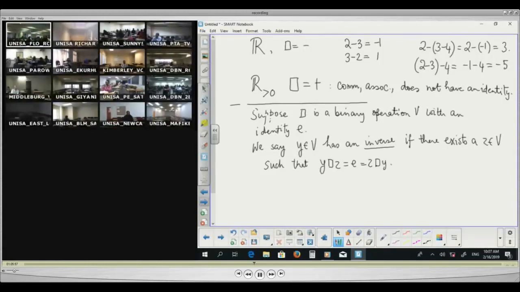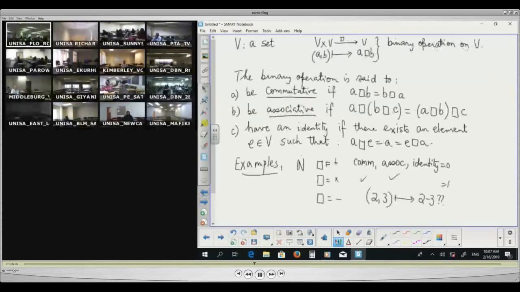When I take, in both these cases, right? It is commutative, associative, and it has an identity. But no natural number has an inverse with respect to addition. Right?